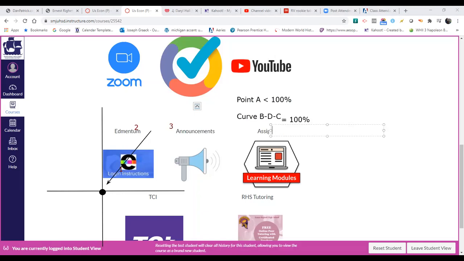Area 2 is BDC. Then point X is going to be greater than 100%.